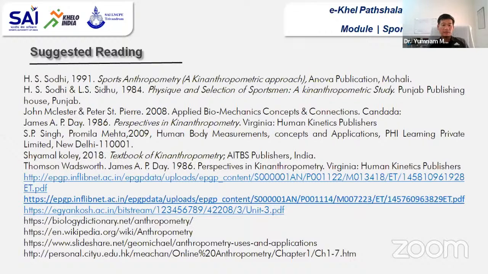S.P. Singh and Promila Mehta, 2009, is one of the very good books in India: Human Body Measurement: Concept and Application. Once you have gone through one, Sodhi and this Human Body Measurement. And then Shaman Kohli 2018, Textbook in Anthropometry, Thompson, and these are some of the links which I have given here for reference.